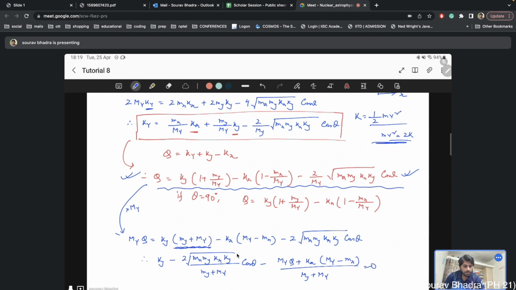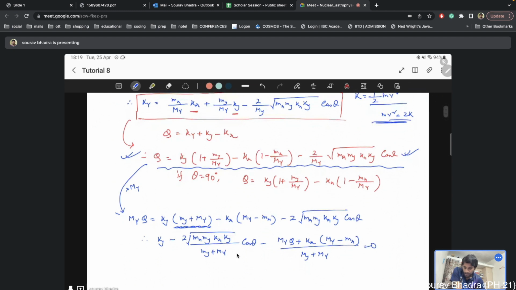Let me check this. Hello. Yeah, the sound is a problem. Okay, so this equation you will get just by dividing this equation by M small y plus capital My. Now this is an important equation because this will tell you many things, like this is the equation of K.